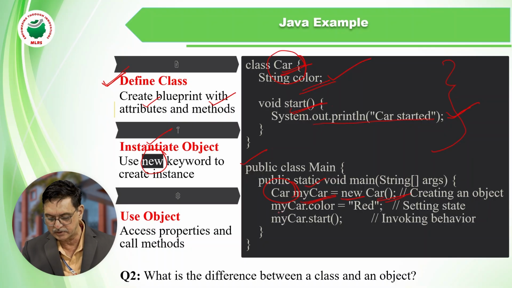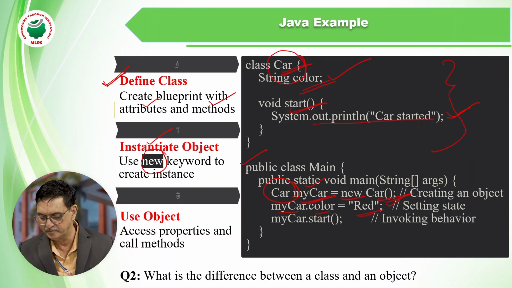So here for myCar.color, we assigned a value called red, which indicates the object we just created has a color attribute. Now in this instantiated object, the color is red.